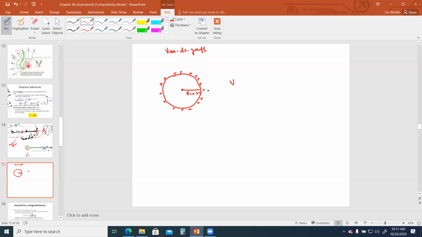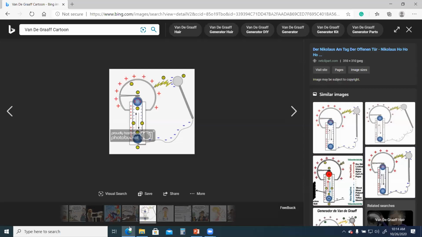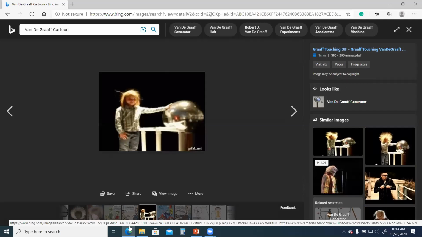So how much is the absolute potential at this point P? Vp is how much? When this little girl touches this Van de Graaff, how much potential will she feel?